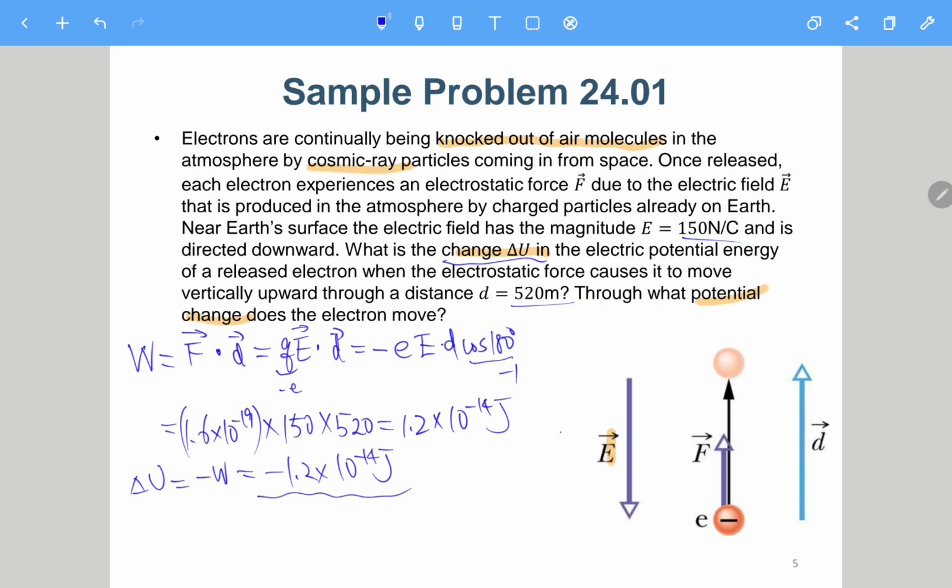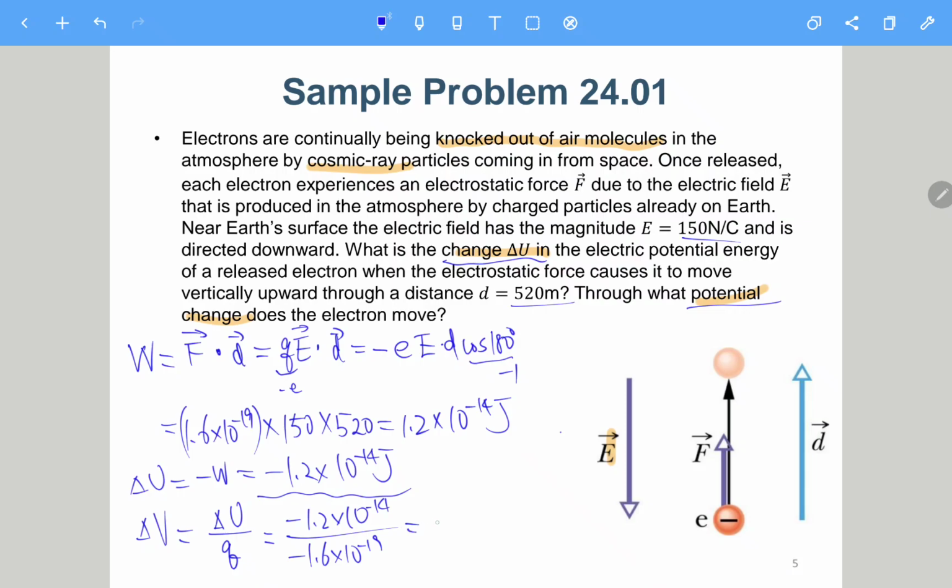So finally, it asks you for the electric potential change, delta V, which should be delta U over Q. So it's negative 1.2 times 10 to the negative 14 over negative 1.6 times 10 to the minus 19.